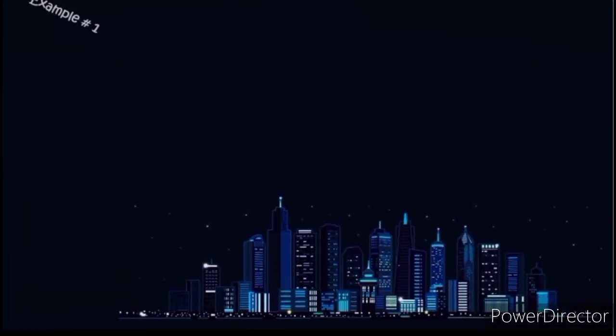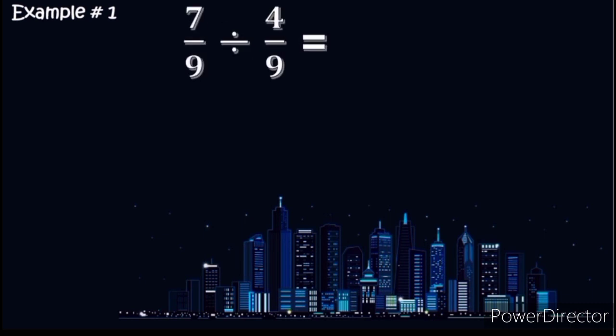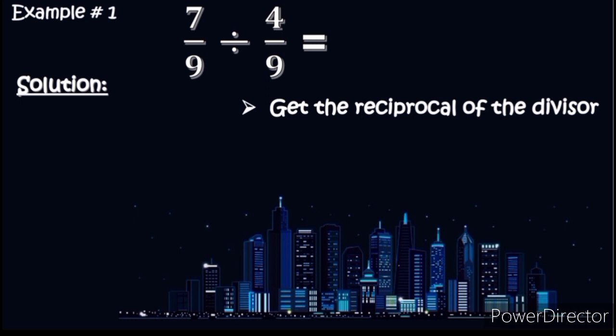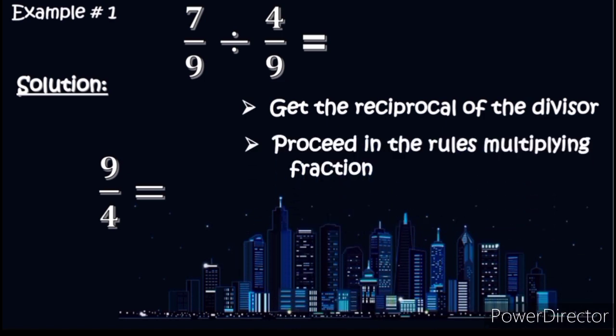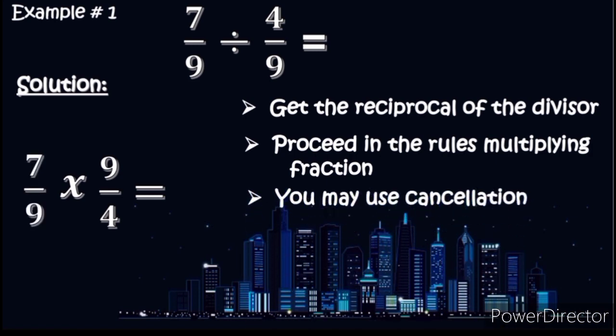Let's have example number 1. 7 over 9 divided by 4 over 9. Get the reciprocal of the divisor. It will become 9 over 4. Proceed with the rules in multiplying fractions. We have to multiply it by 7 over 9. You may use cancellation. We can cancel out 9 and 9.